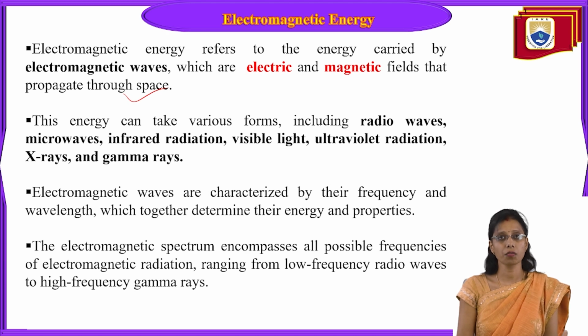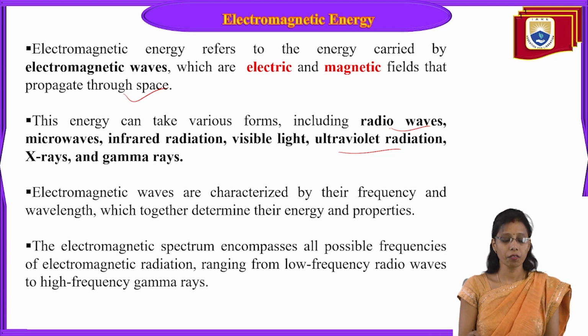It includes radio waves, microwaves, infrared radiation, visible light, ultraviolet radiation, X-rays, and gamma rays. So these are the different regions. The electromagnetic waves will take the form of all these various energies.